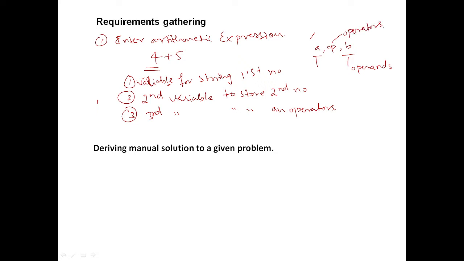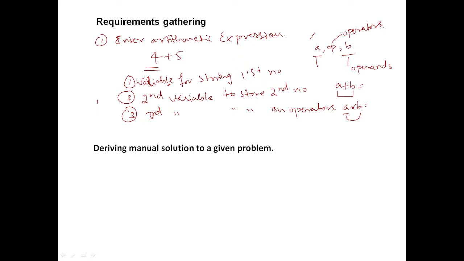Okay. See, if I give an expression A plus B, then the addition between A and B has to be performed and the result has to be displayed on the screen. Suppose I give A into B as an expression, then the first operand has to be multiplied with the second operand and the result has to be displayed on the screen. So this is the requirement.